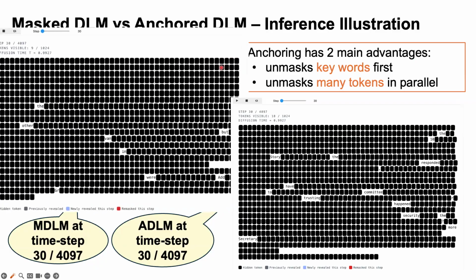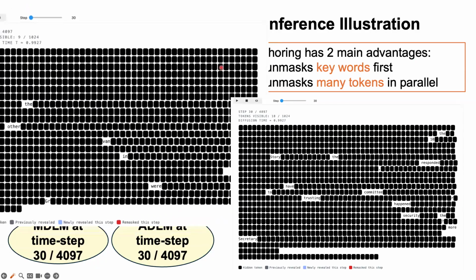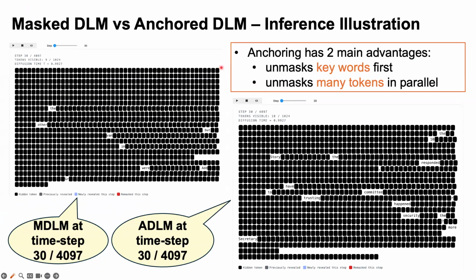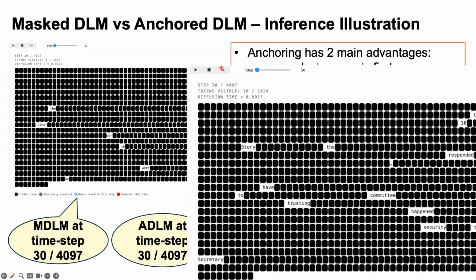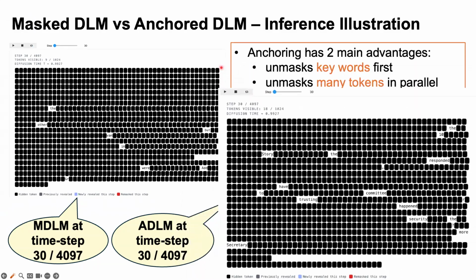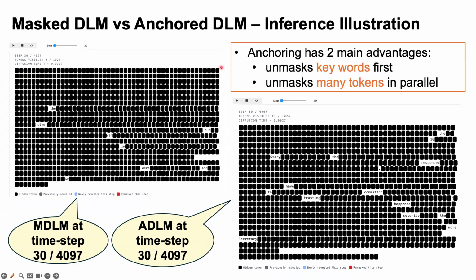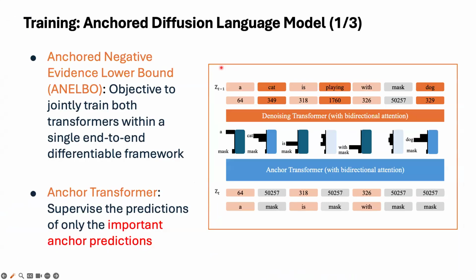Look at the kinds of words that have been decoded. They're easy, high confidence words, but not really useful. Whereas the kinds of words the anchoring model has decoded are things like responded, security, trusting and secretly. They seem more important for the sentence it's going to construct. This is an example of what anchoring does.